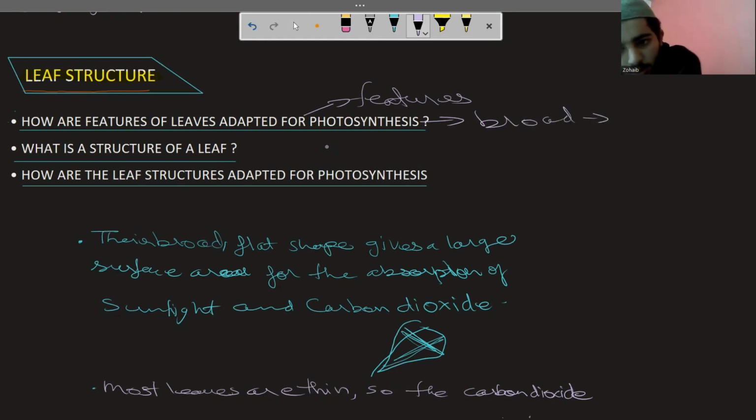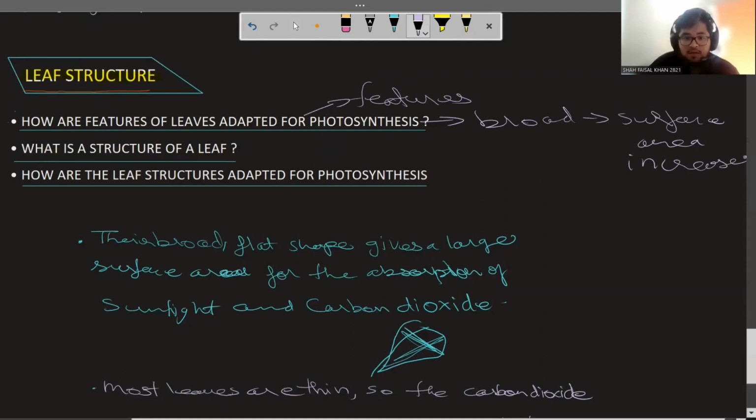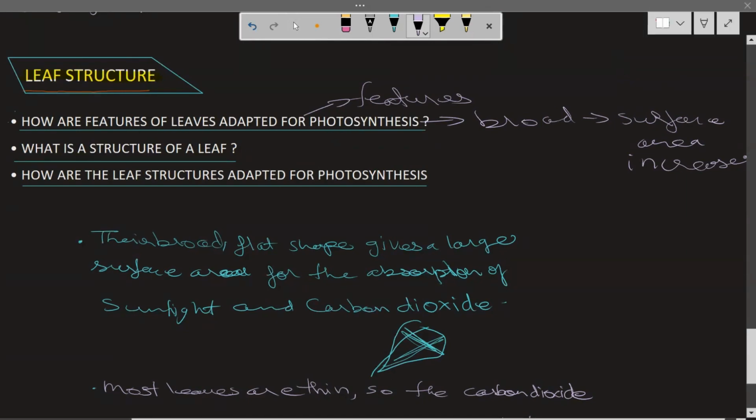Due to the broad shape, surface area increases, and hence the amount of absorption of sunlight and carbon dioxide increases. And the second point is the thin shape. So we are done with the first point.